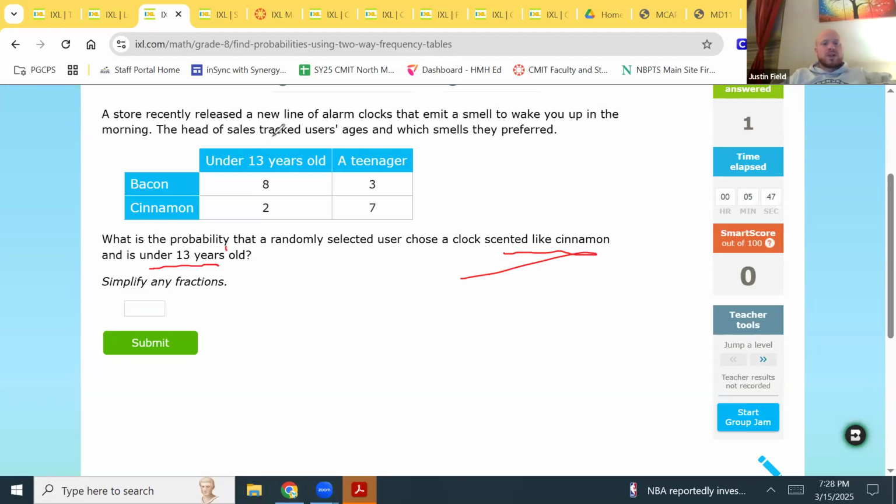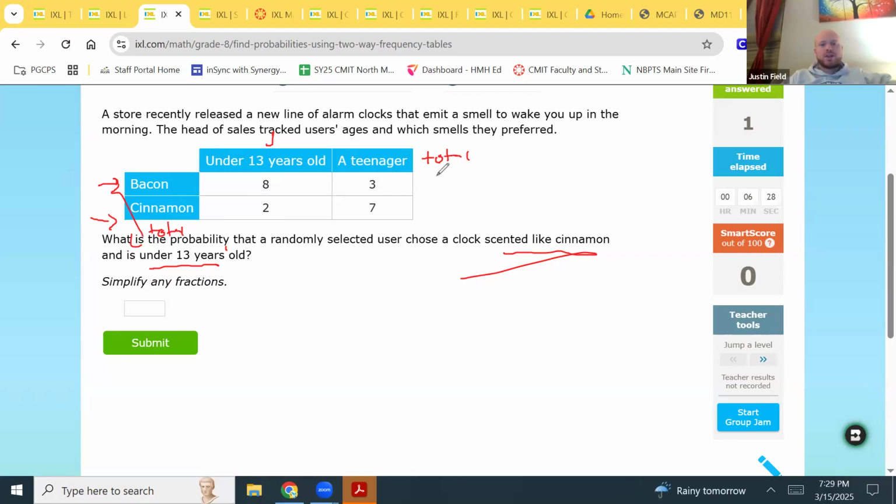So we have two columns: one is under 13 years old, and one is teenager. Our two rows are the people that chose bacon and the people that chose cinnamon. What we want is our totals. We want to add the totals below and the totals to the side.